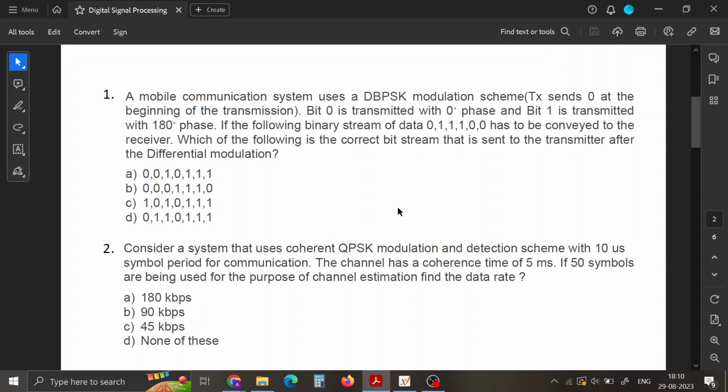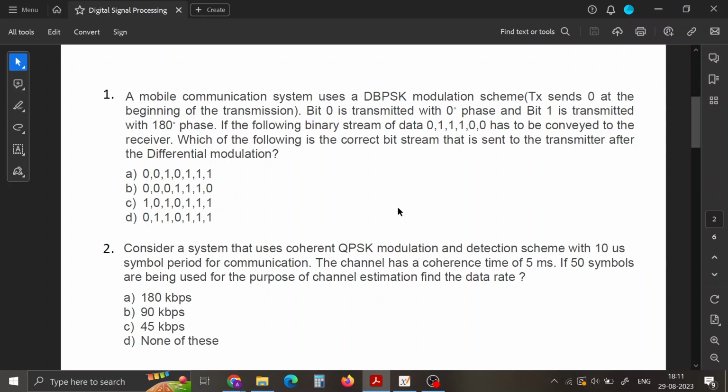So the rule is that the transmitter sends 0 at the beginning of the transmission. That's the assumption. And the rule is that bit 0 is transmitted with 0-degree phase, and bit 1 is transmitted with 180-degree phase. First of all, it's binary, therefore only two bits are there, 0 and 1. For bit 0, there's 0-degree phase. For bit 1, there is 180-degree or pi phase.